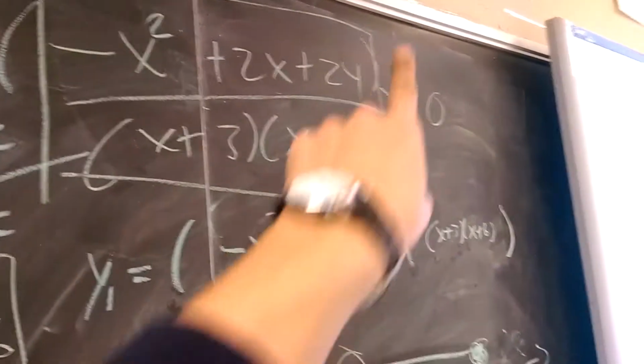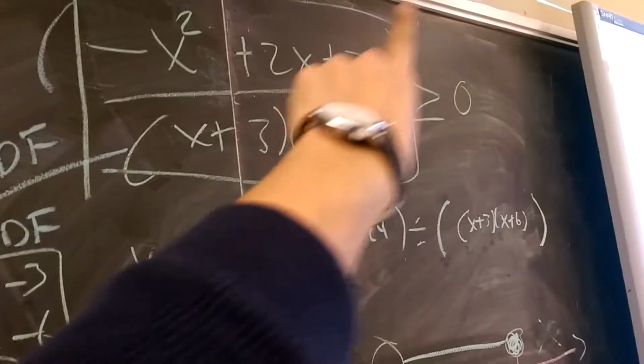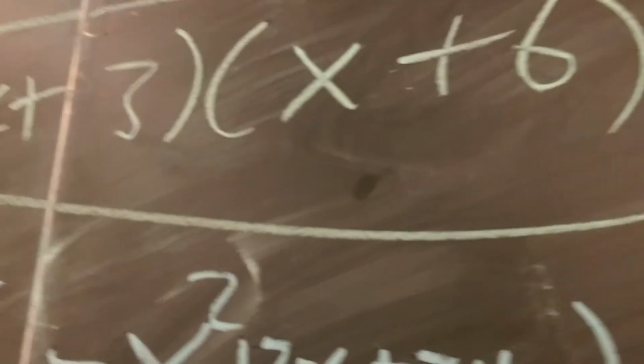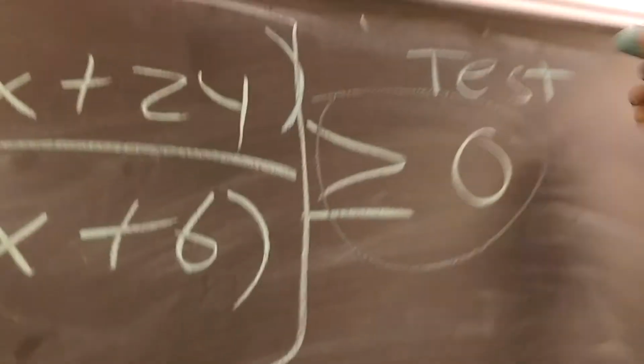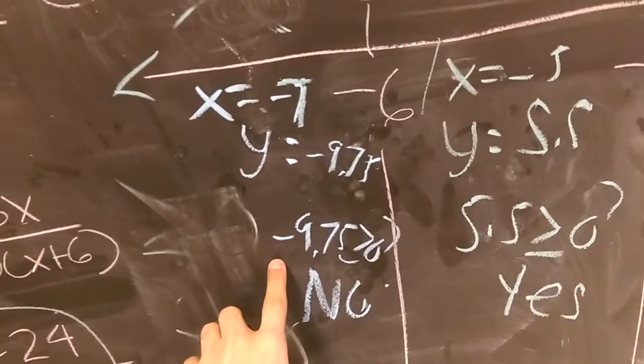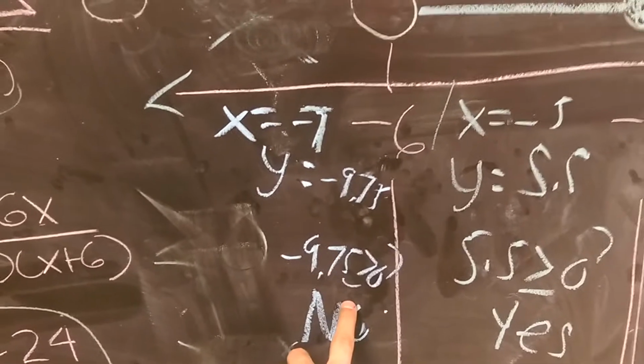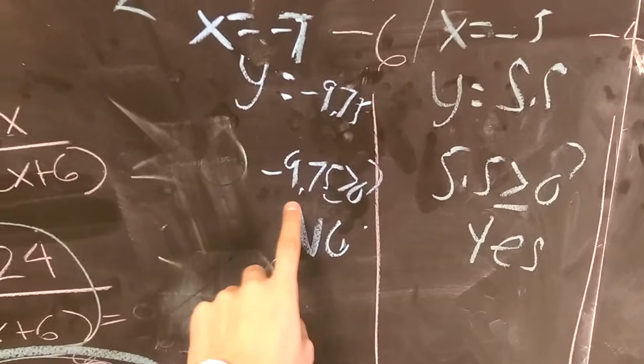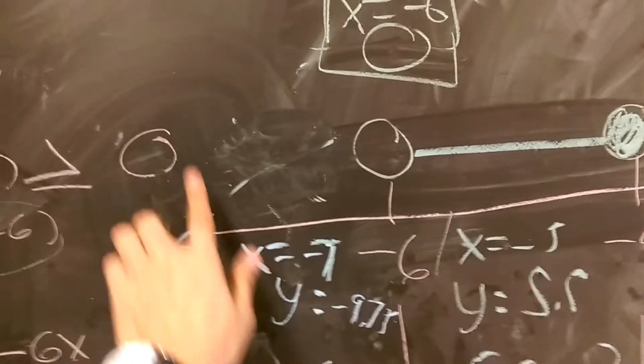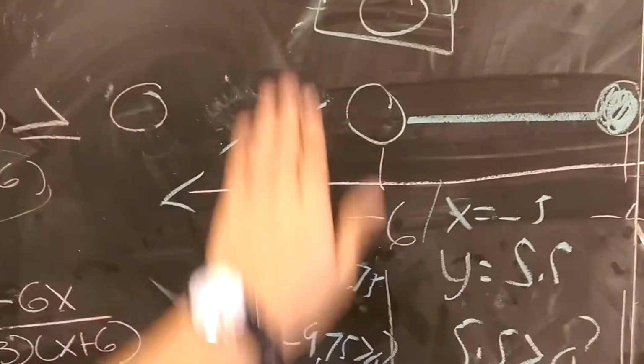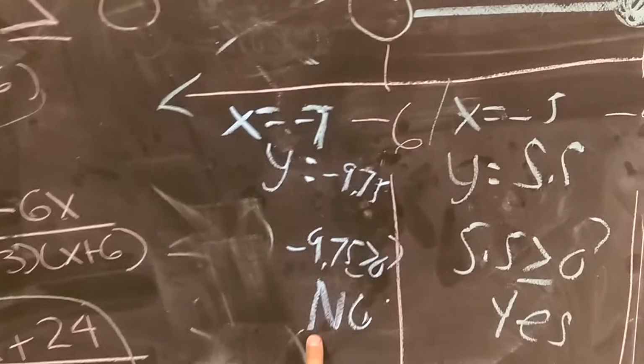Remember, the original inequality right here is our test. You're gonna test it with that. So every time you get a y value, ask yourself, is it greater than or equal to 0 for this inequality? The answer is no, it's not. Negative is definitely less. So since it's no, we don't include the interval. I put an x there, but I just erased it so that you see the answer is no.